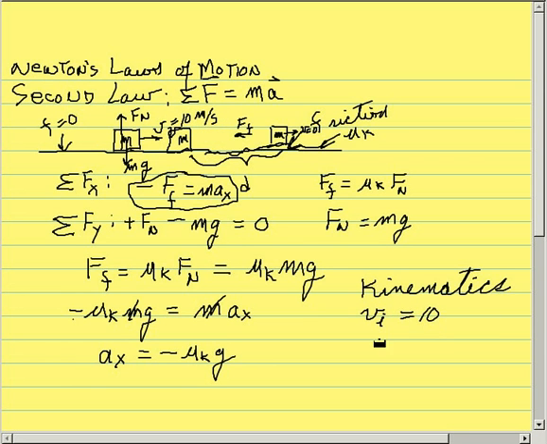And the final speed is 0 because it stops. Now, you say, well, I pulled this 10 out of the hat. Well, this is just a given part of the problem, which I forgot to put down when I first wrote it. So I didn't just make it up. I did make it up, but it should have been there from the beginning.